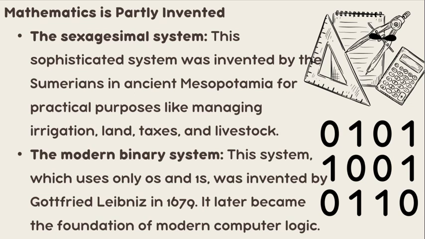So, what is the binary system? As you can see in the picture, it is a numeration system based only on 0 and 1. All other quantities are written uniquely as a sequence of zeros and ones. The logic of modern computers is based on the binary system.